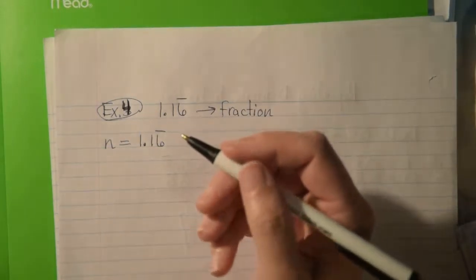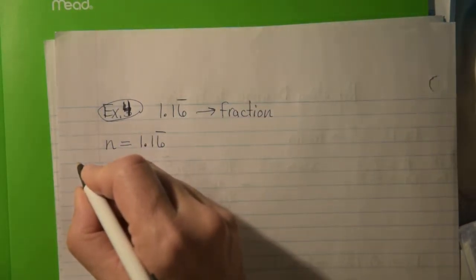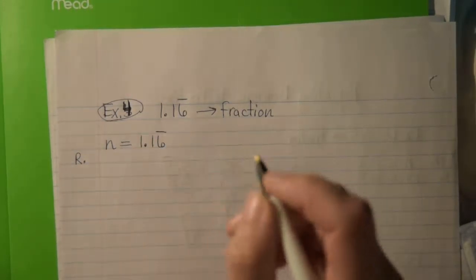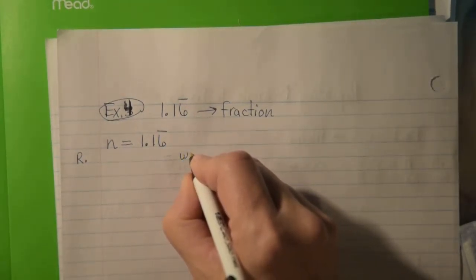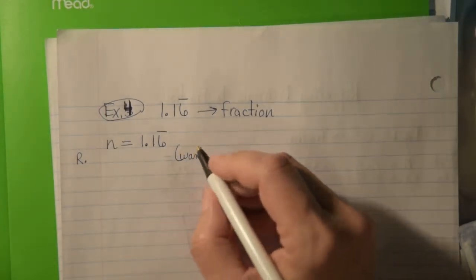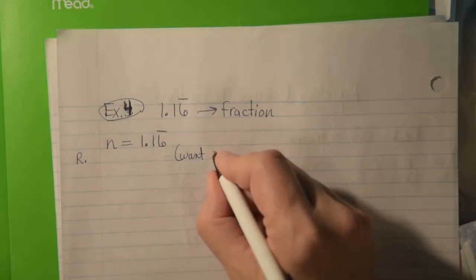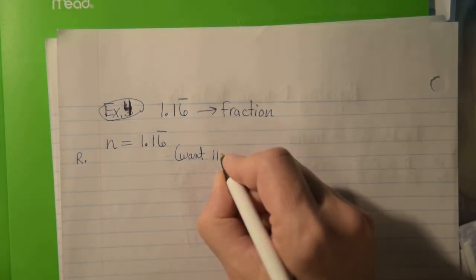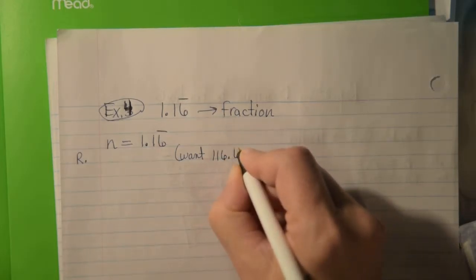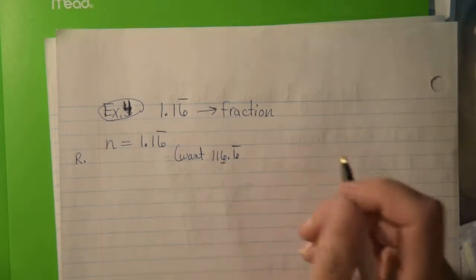Now let's get one repeating unit to the left of the decimal. So what I'm saying is I want 116.6 repeating, and this is the repeating unit that I shifted to the left.